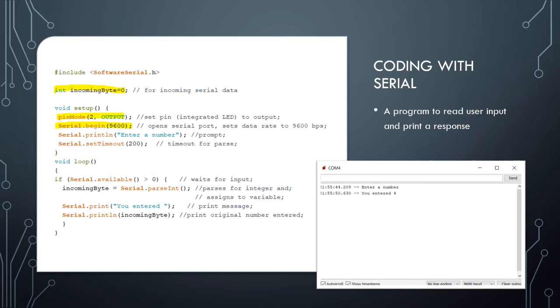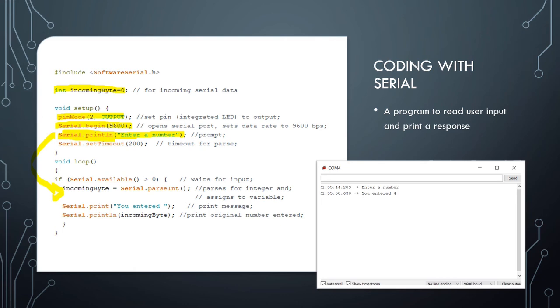After that, in our setup, we're going to serial print on a new line, or start a new line after this. We're going to say enter a number. There's a couple different things to notice about this. One is that we're serial printing in the setup instead of the loop. What would happen if we put this down in the loop is that it would print again and again and again.